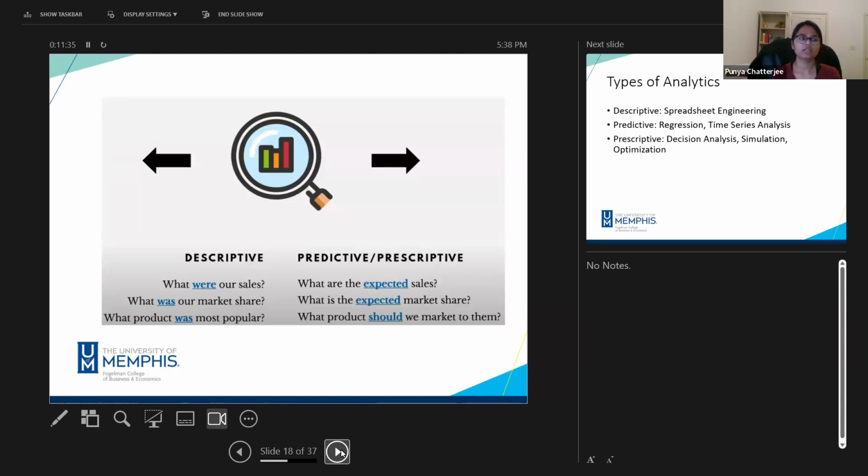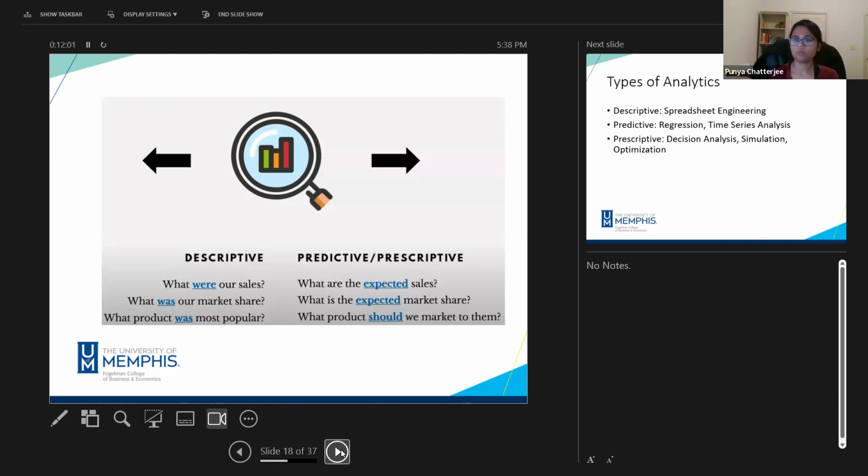That is what has happened in the past, and you're just describing the past. Same if your manager asks you, what was your market share? There, you already know the answer. That answer exists in the past data, and that's why it's called descriptive analytics. So you would again be using some descriptive analytic tools to answer this question.